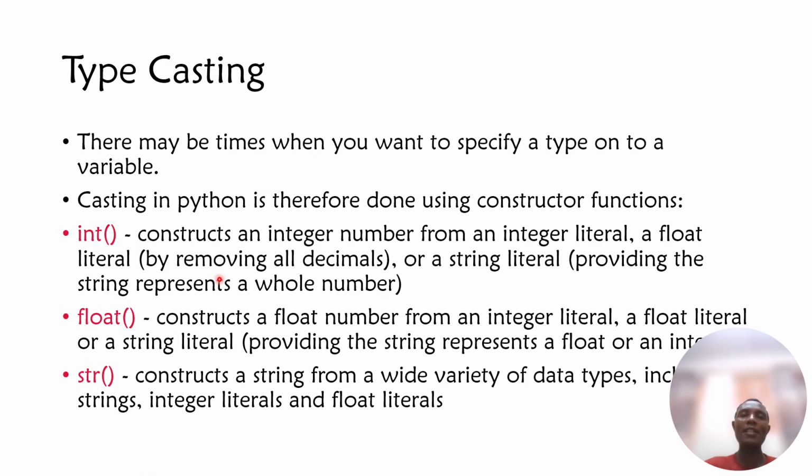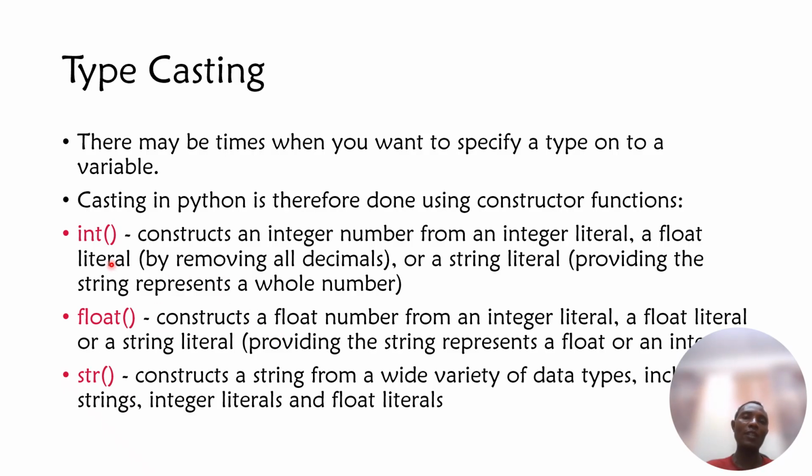There may be times when you want to specify a type on a variable. Sometimes you just want to assign the type to a variable. Casting in Python is therefore done using constructor functions.